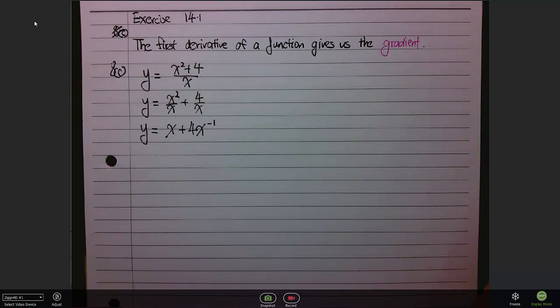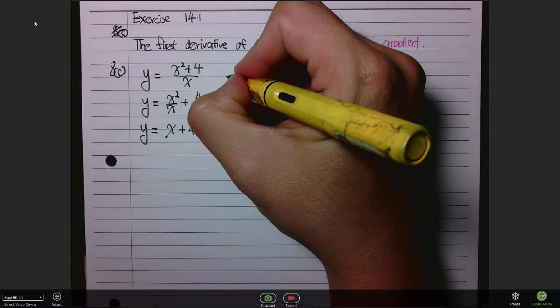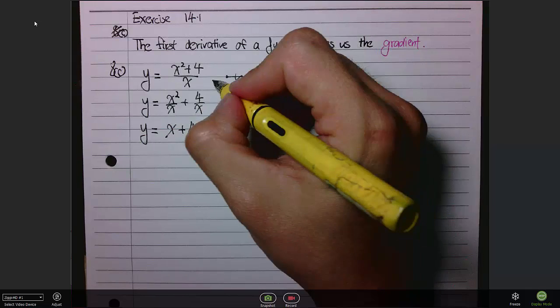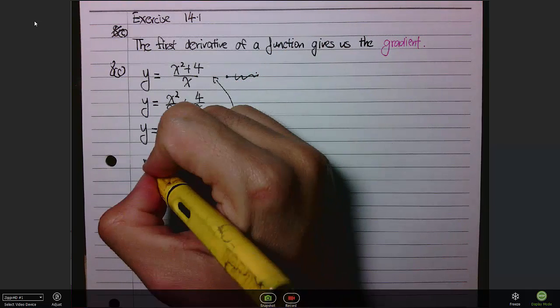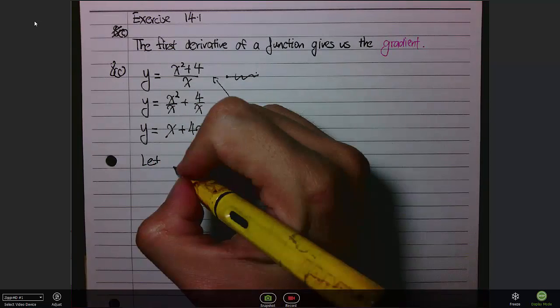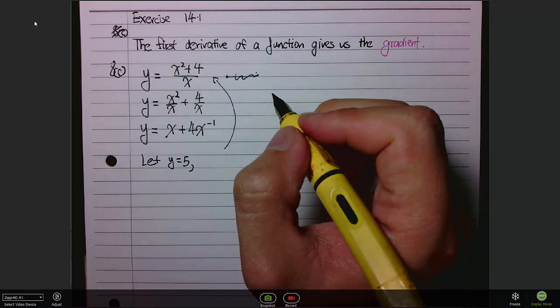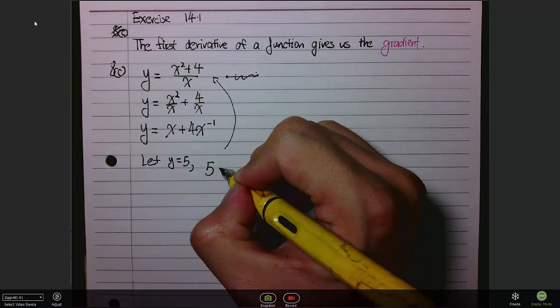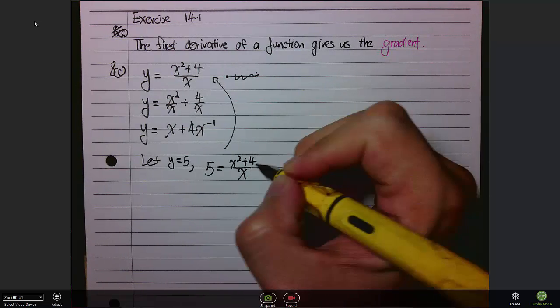Then what happens here is this. I will let y equal 5. Why is y equal to 5? Because that's the given value. So I say 5 equals x squared plus 4 over x.